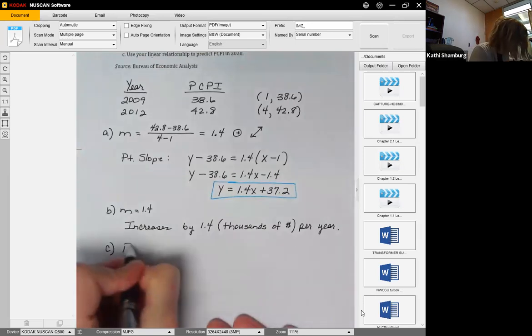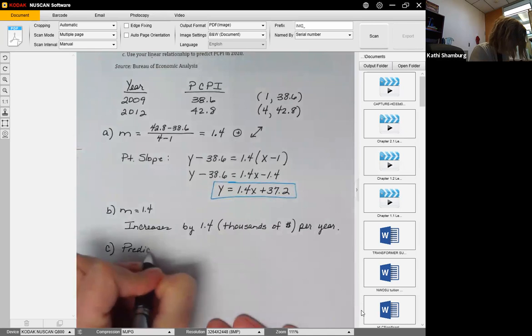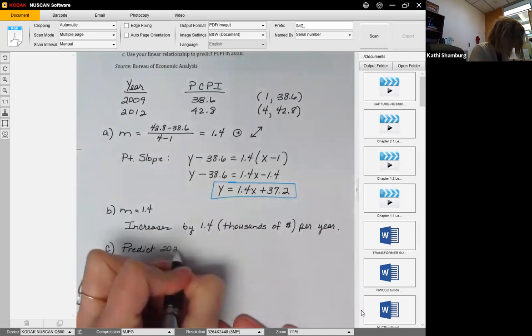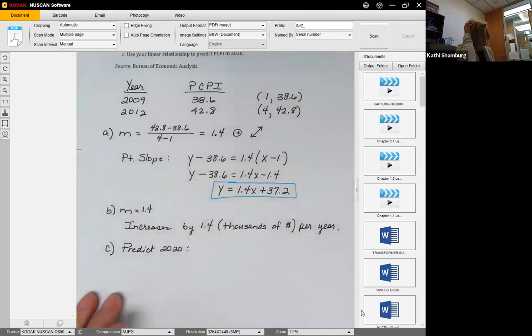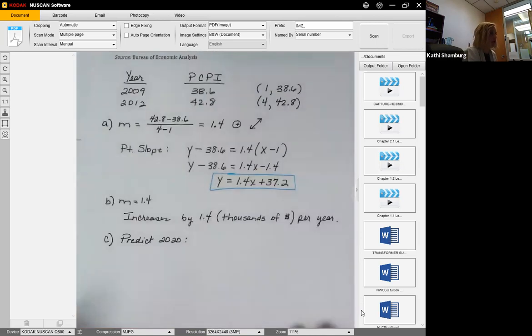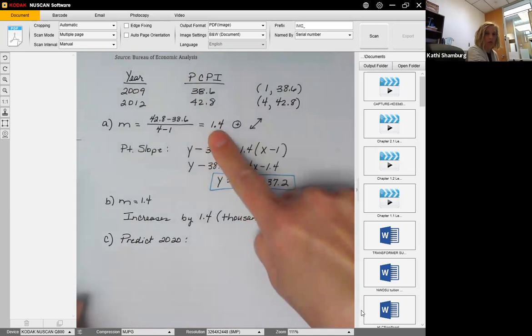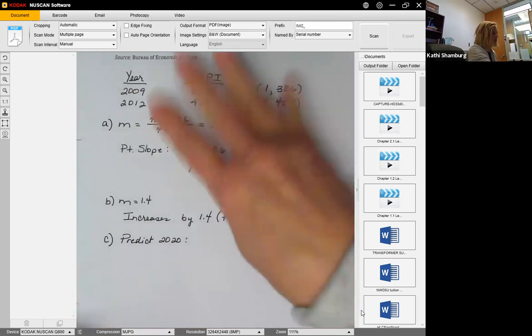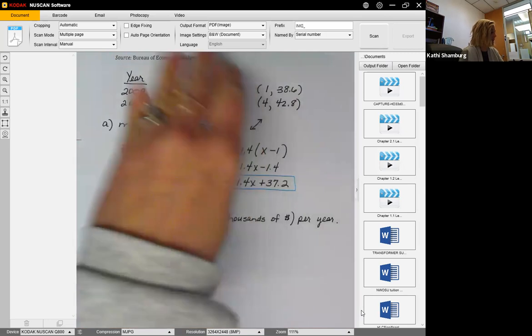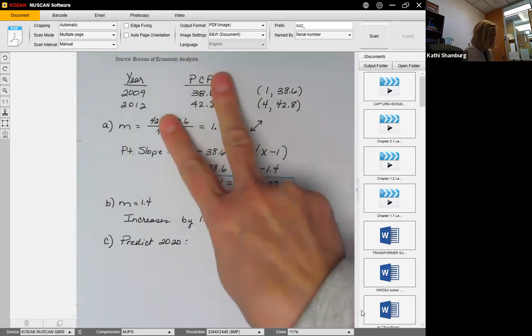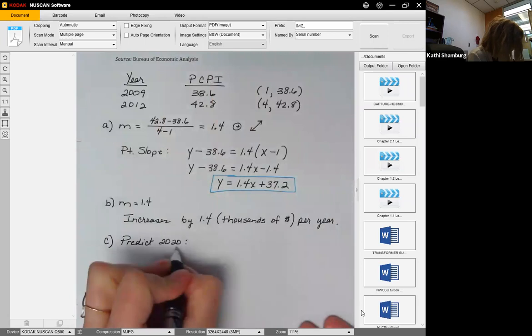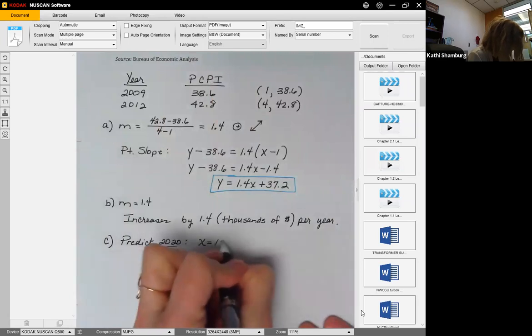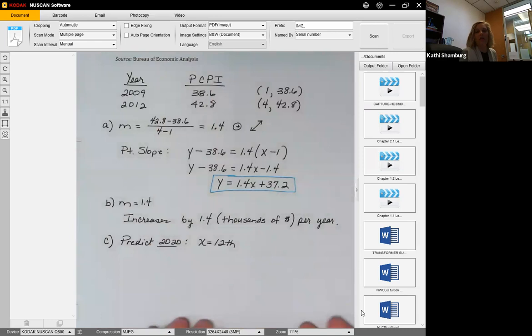So it wants us to predict for the year 2020. All right, so we know that 2009 is 1. So 2009, 10, 11, 12, 13, 14, 15, 16, 17, 18, 19, 20. That tells me that 2020 is the 12th year. Another way you could do that is, since we know 2008 was 0, just take 2020 minus 2008 and you get your 12th year.